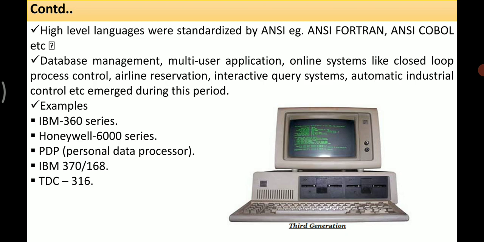There were many applications like database management, multi-user applications where multiple users can access applications, and online systems like closed loop process control, airline reservations, interactive query systems, and automatic industrial control. All these things emerged during this period.